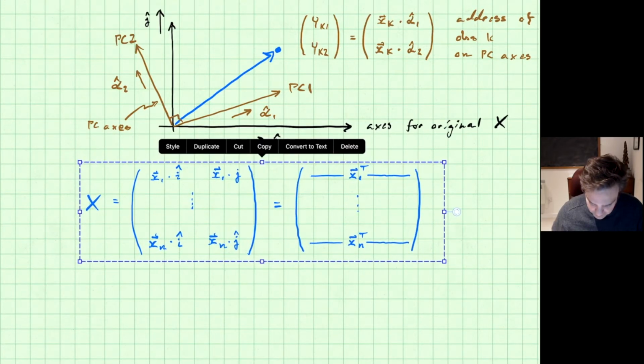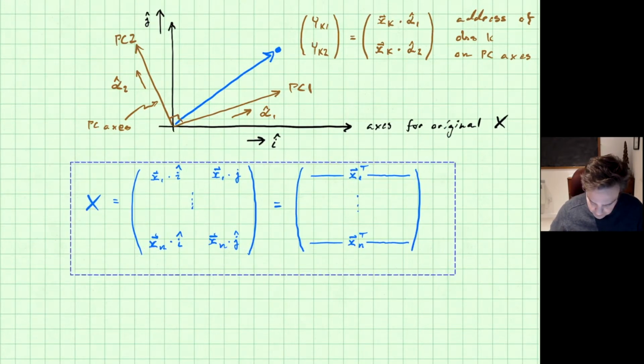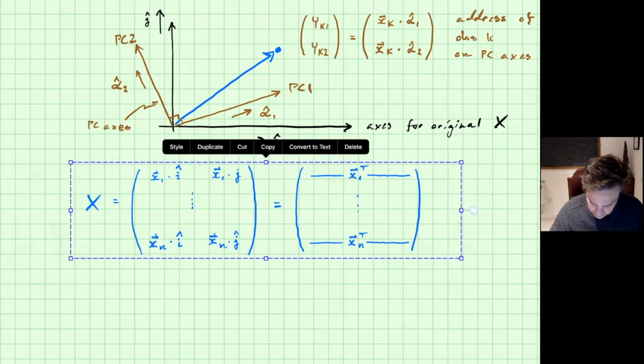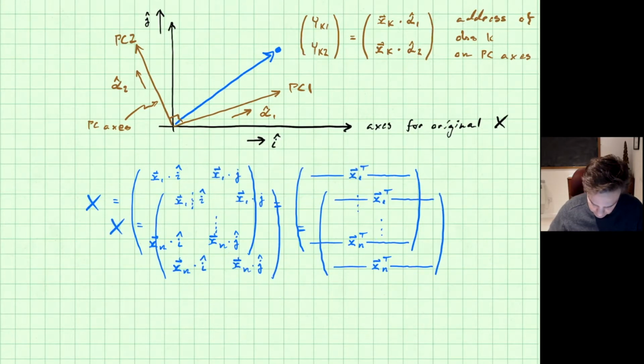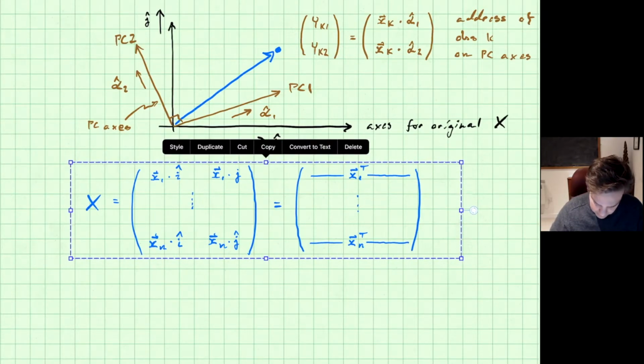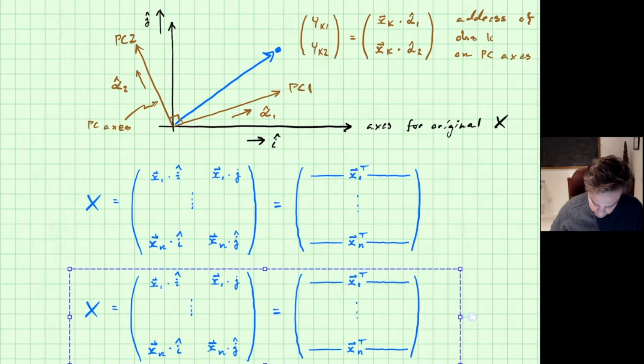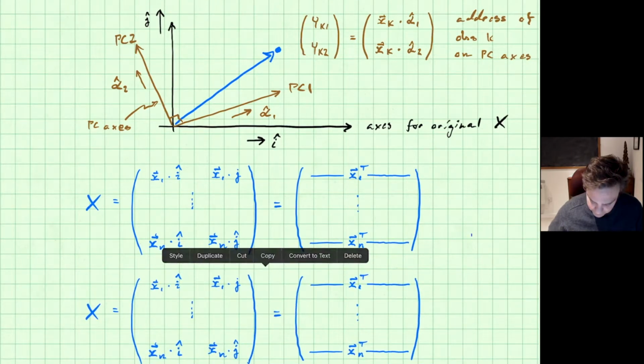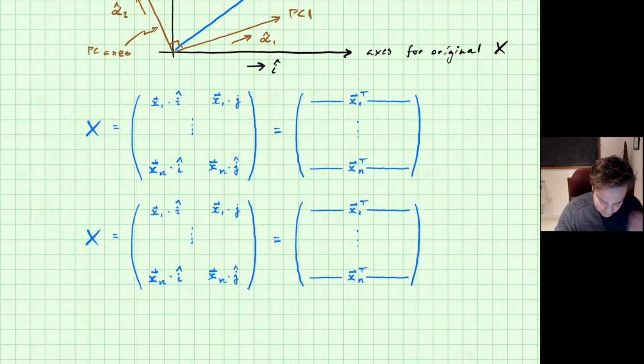So that's how the matrix X looks, and the matrix Y is pretty similar to that. So let's move this over a little bit, copy it. So the matrix Y looks really similar to this, but what's different is the unit vectors are different. That's pretty much it. So let's fill this in.